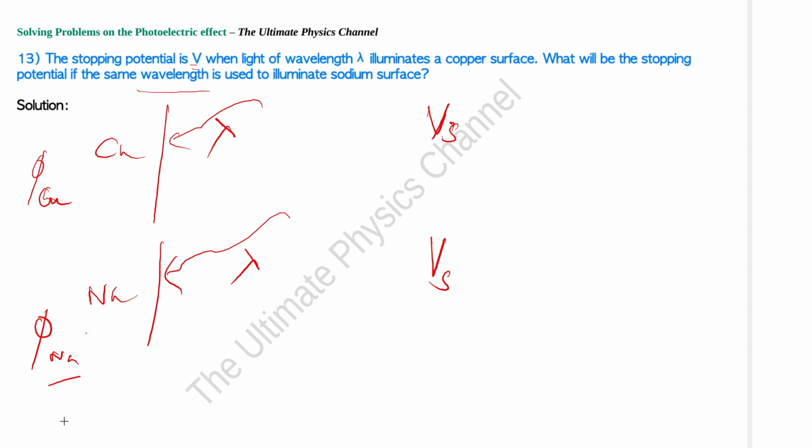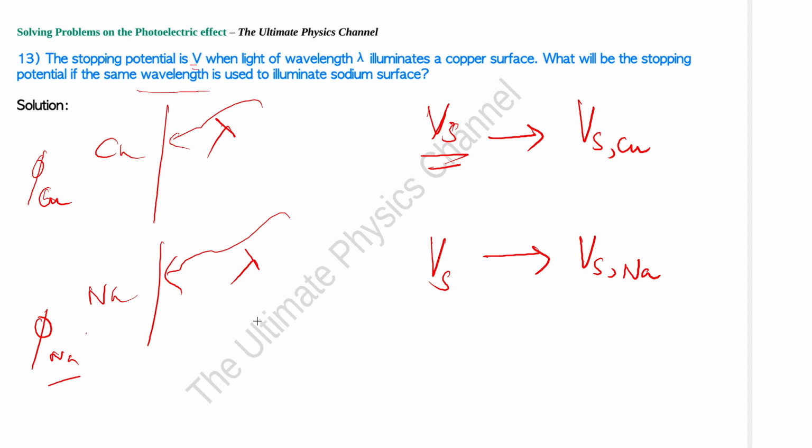So what are the values? Since we have two different metals here, let us call the stopping potential for copper Vs comma Cu in the suffix, and for sodium Vs comma Na.